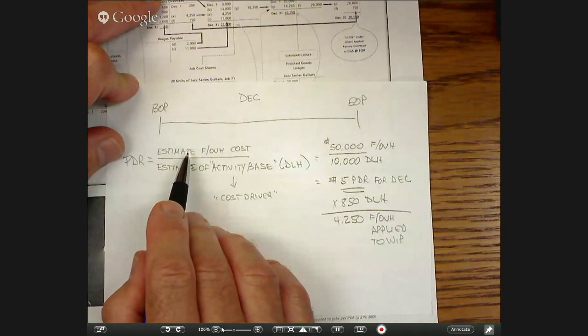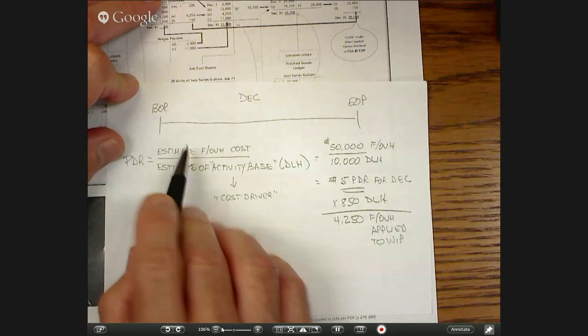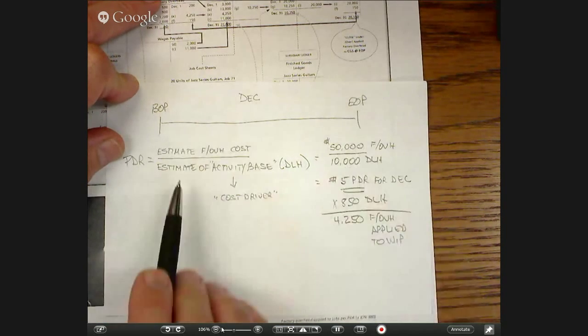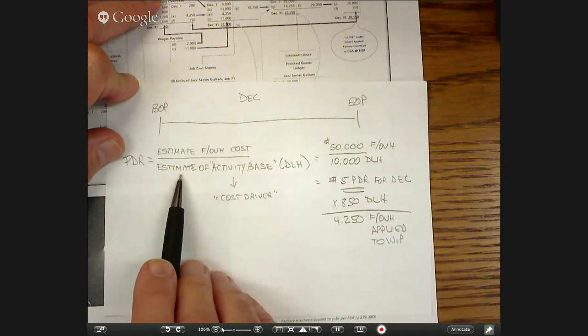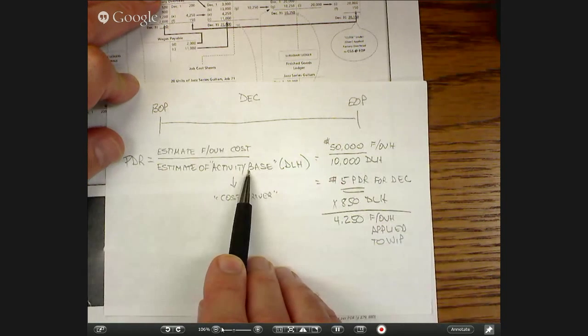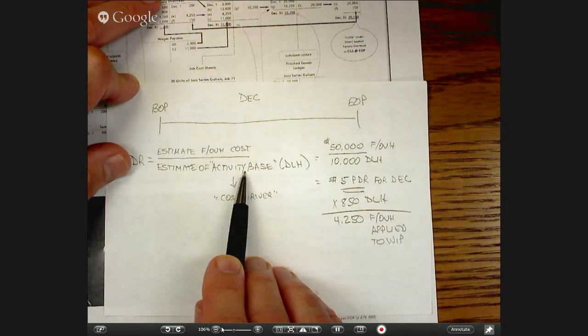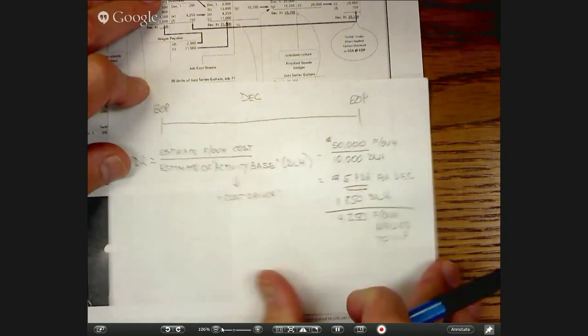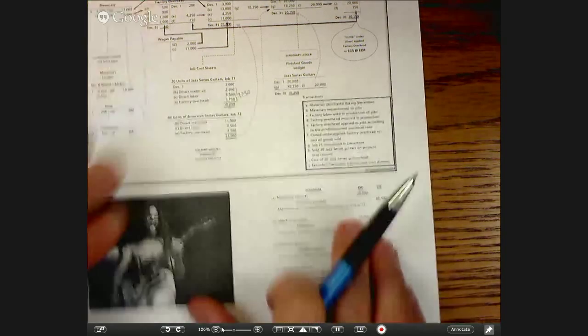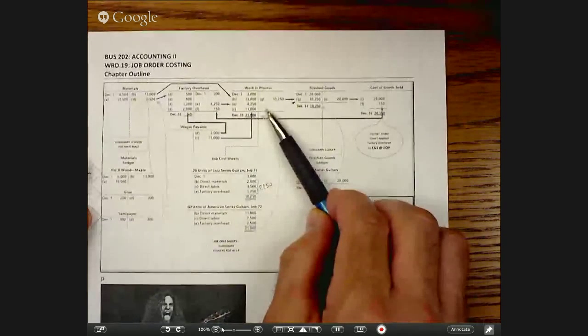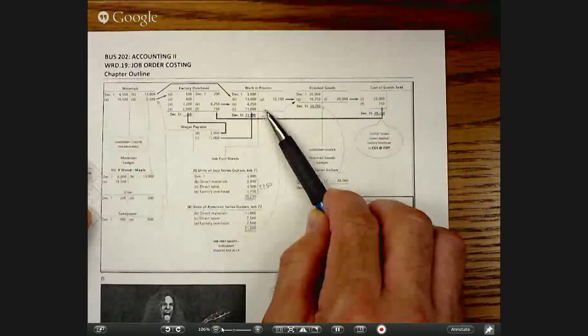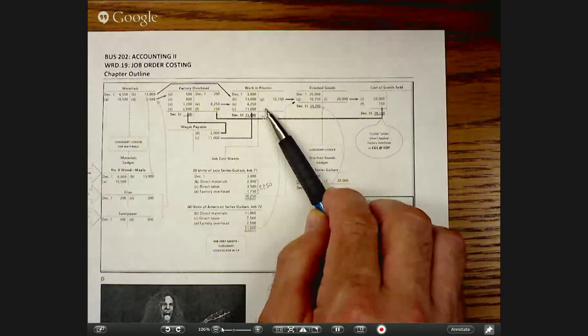It's an estimate created by taking the estimated cost that the business thinks it will have in the current month, divided by the estimate of the number of, in this case, direct labor hours that it thinks it's going to work in the next month as its activity base. And finally, the work in process account is a T account summary of the cost of goods manufactured that we discussed in the previous chapter.